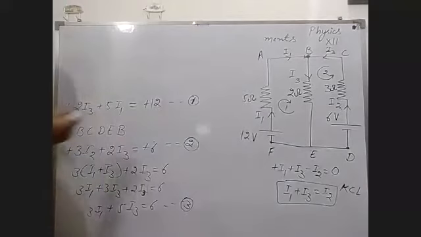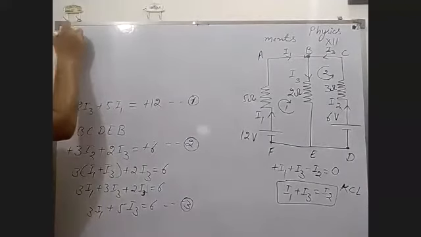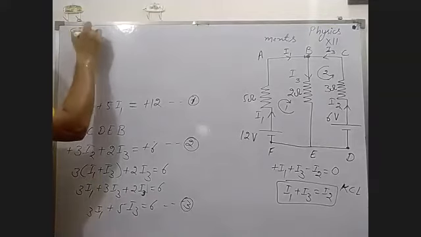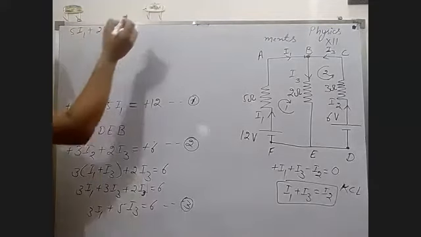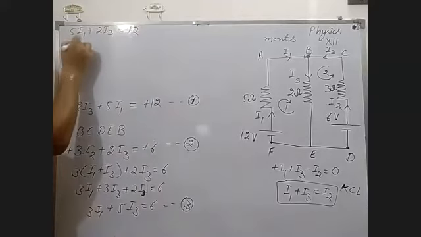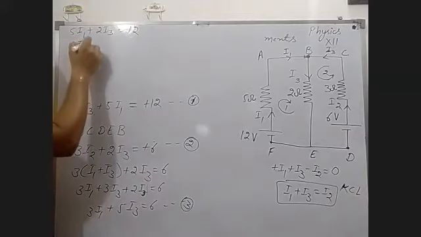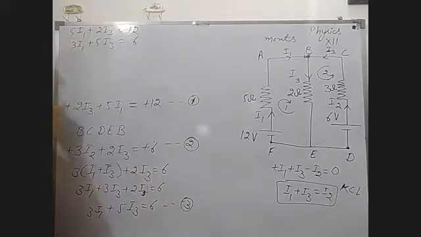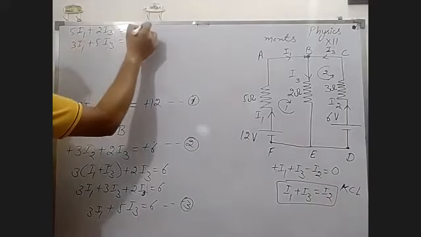Now equation 1 is what? 5 I1 plus 2 I3 is equal to 12, and this one is 3 I1 plus 5 I3 is equal to 6. Now how can you solve?